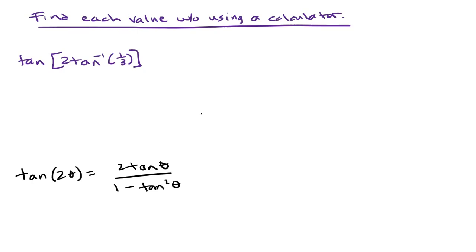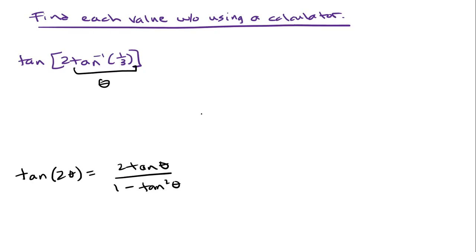Okay, you're like, how so? Okay, so in this case, the inverse tangent of 1/3 is being represented as theta. So tangent of 2 theta is the same thing as tangent of 2 theta down here. Okay, so again, the inverse tangent of 1/3 is being represented as theta.